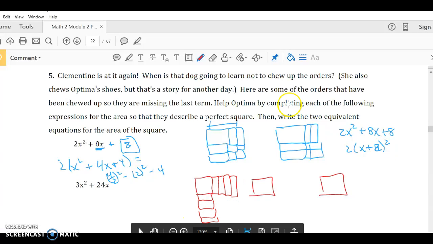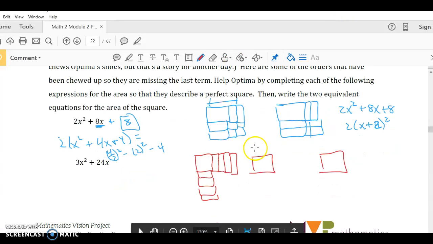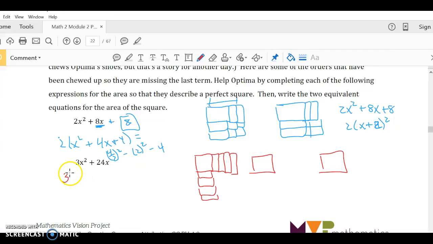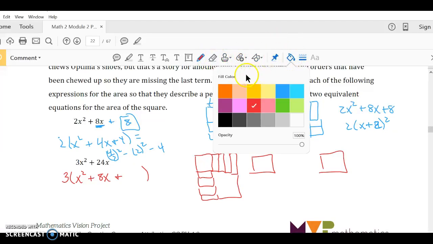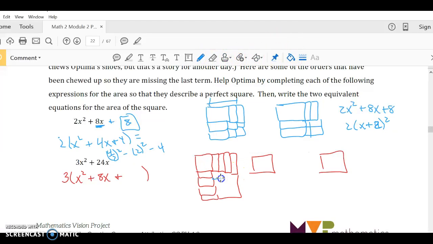Now, to save time here, if each side gets 4, I know right away this is 3 times x squared plus 8x. So now I have to figure this out. Well, each of these will look the same. But how many little blocks have to fill this in to make it work? Well, 1, 2, 3, 4.